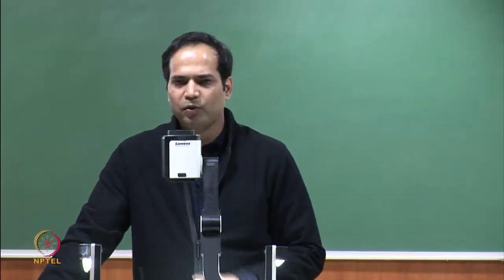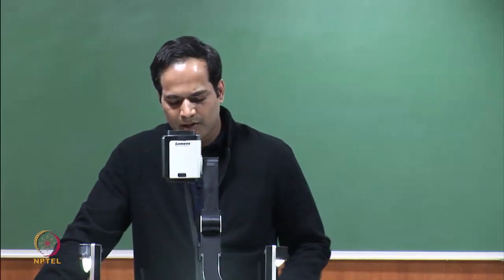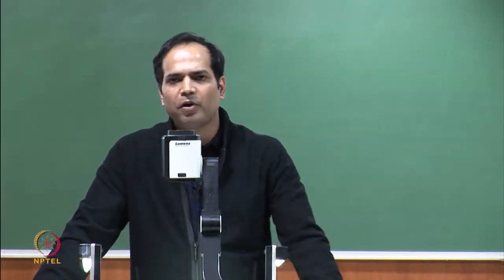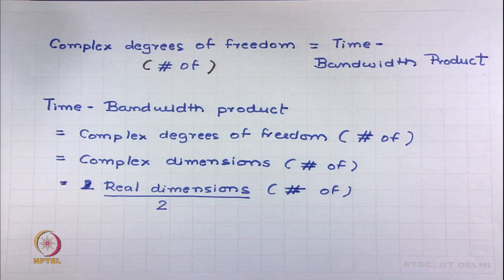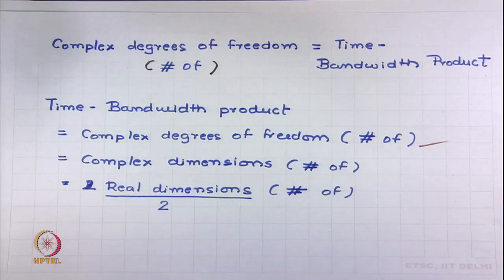This you can refer to lecture 6, or if you want to look at this very rigorously, you can look at Landau-Pollak theorem, which states or makes these things more rigorous. The idea is that number of complex degrees of freedom is nothing but the time bandwidth product. The degrees of freedom are also known as dimensions of a signal.